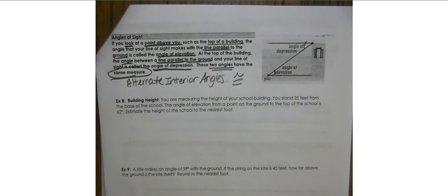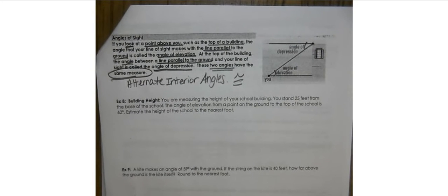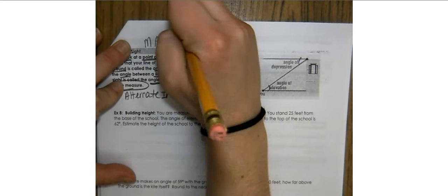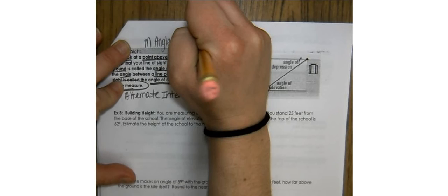Sometimes it makes sense to use the angle of depression. Sometimes it makes sense to use the angle of elevation. It just depends on the problem. But the thing that I want you guys to know is that the measure of the angle of elevation is equal to the measure of the angle of depression.